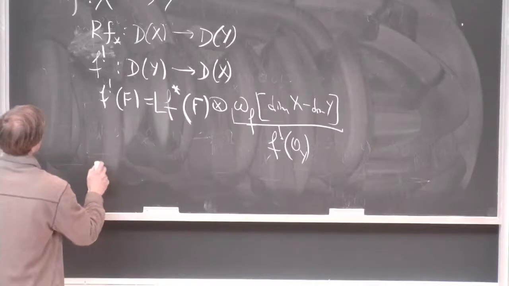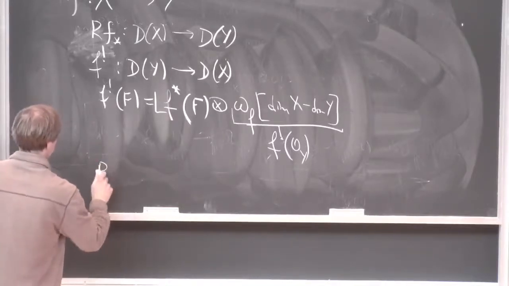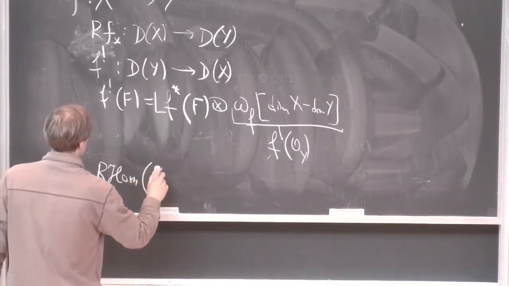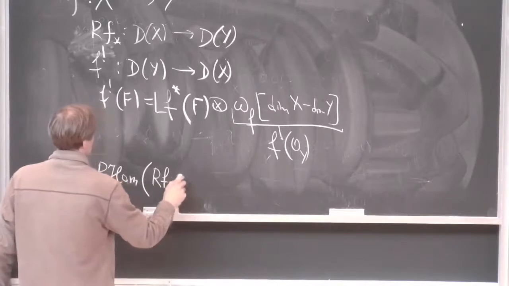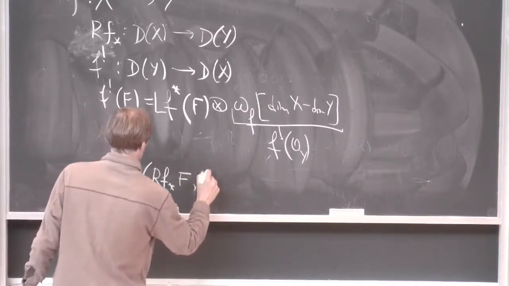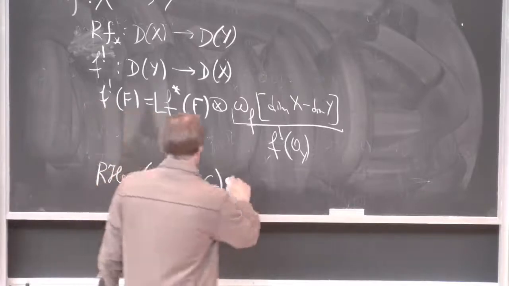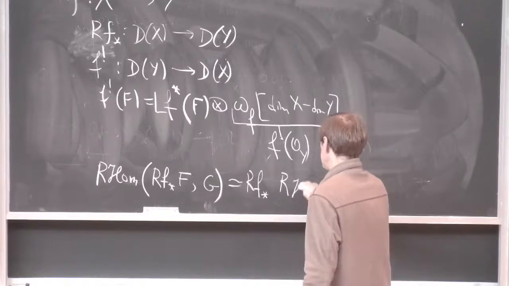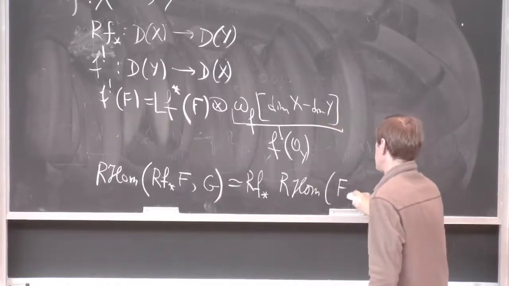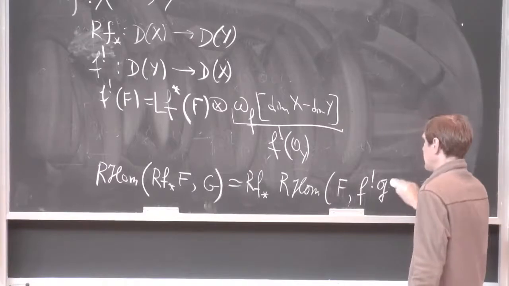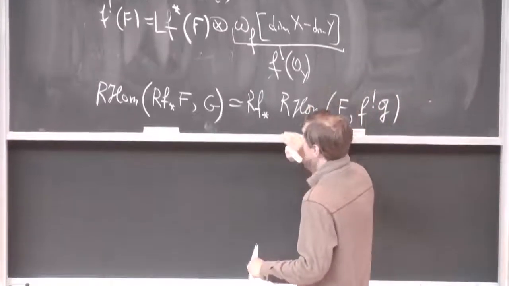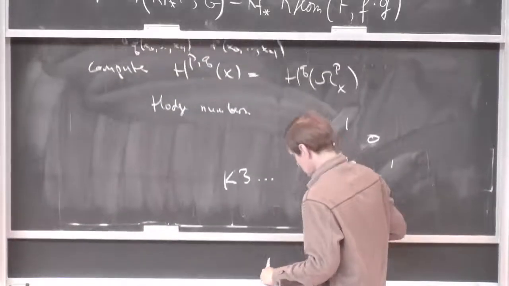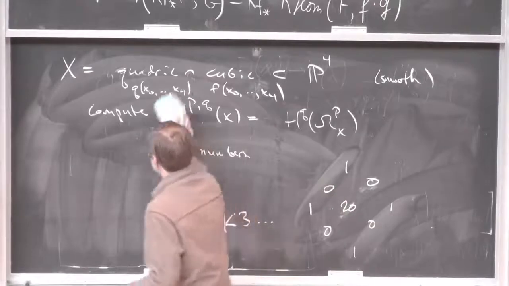It tells you that when you take R Hom from R f star F to G, this is isomorphic to R f star R Hom from F to f upper shriek G. So a few more remarks about this.